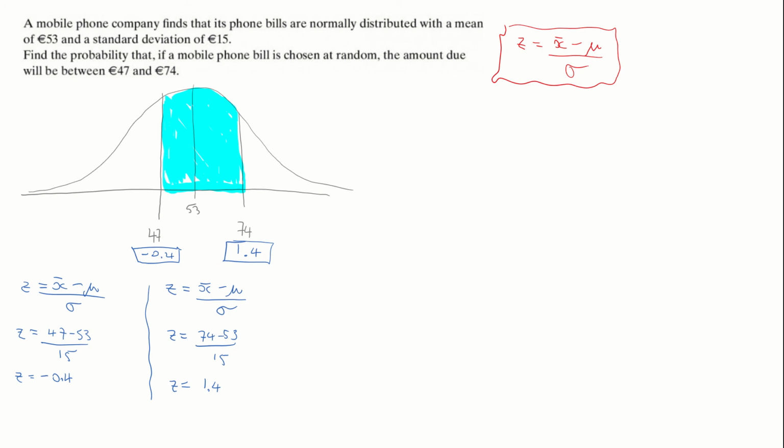So we've now moved away from currency to these numerical values of z-scores, which means I can now use them in my log tables to find the probability. So it's important that you put them into z-scores. So again, let's have a look at what that looks like now on individual bell curves.